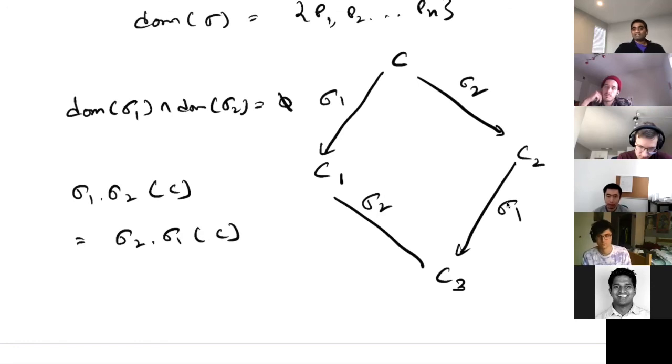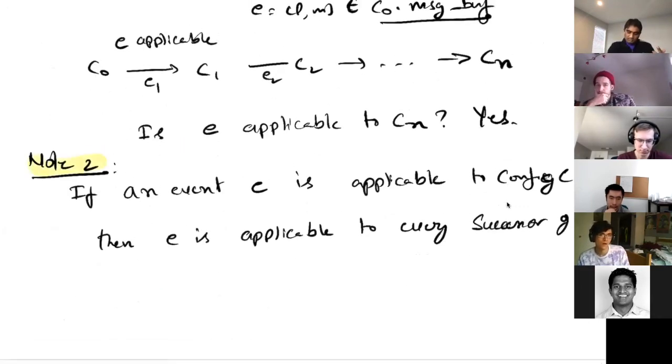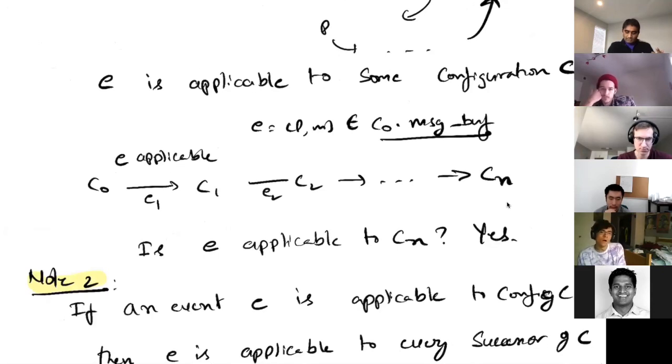So here there's a key precondition for this theorem, which is the disjointness condition. This goes back to our previous note, which I have written here, Note 2: if E is applicable to C0, and C0 has taken multiple transitions wherein the same event hasn't yet been applied, it is still applicable even after multiple transitions, given that the same event has not been processed.